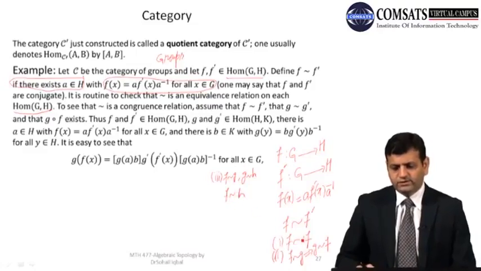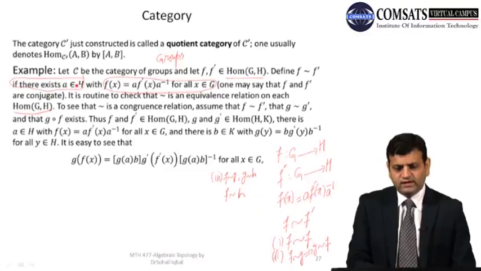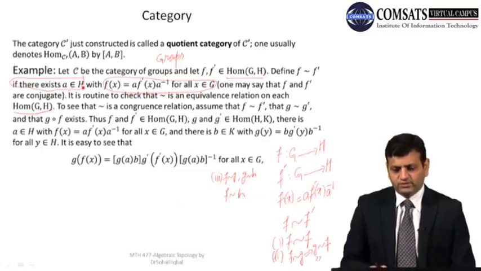So why is f related to f? Because in this case I can take this a to be just the identity of H. So f of x is equal to identity times f of x times identity inverse, and identity inverse is identity, so f of x is equal to f of x. So f is related to f.